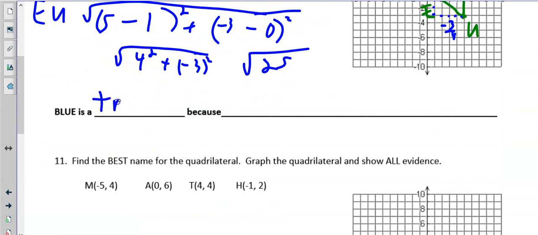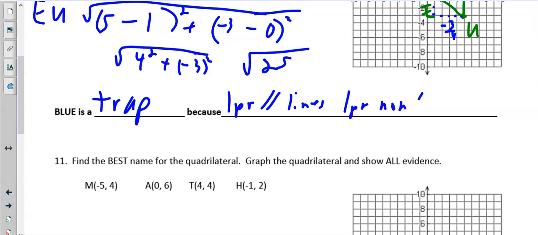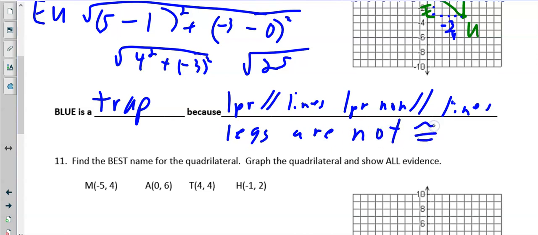So we know this is a trapezoid. We have one pair of parallel lines. We have one pair of non-parallel lines. And the legs are not congruent.